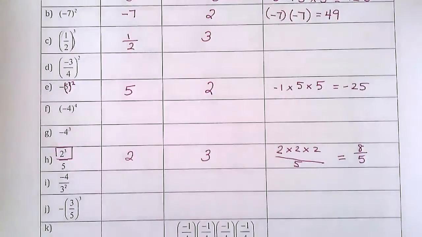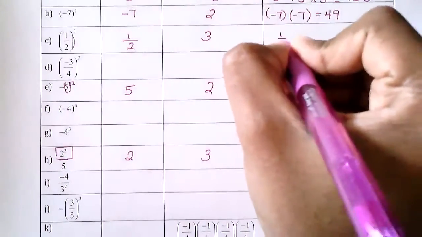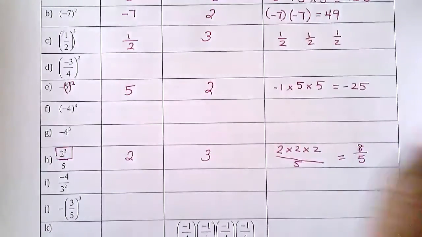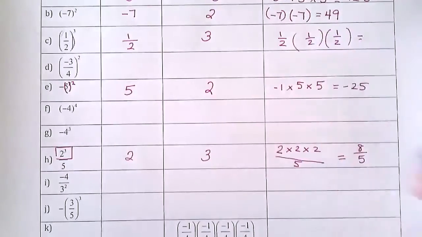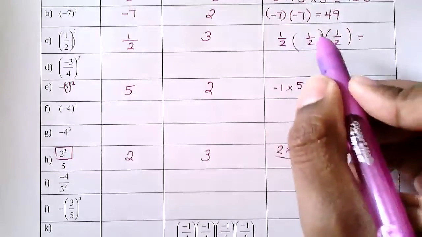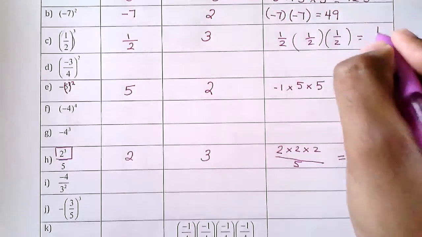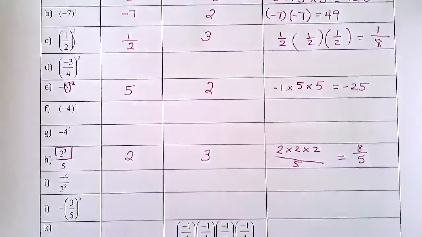So what this means is I'm going to take my base, write it out 3 times. So half, half, half, and then I'm going to multiply it. Again, you could put the multiplication sign, or you could just show brackets, same deal. And remember, when you're multiplying fractions, you multiply out the numerator. So 1 times 1 times 1 is just 1. And multiply out the denominator. 2 times 2 times 2 is 8.